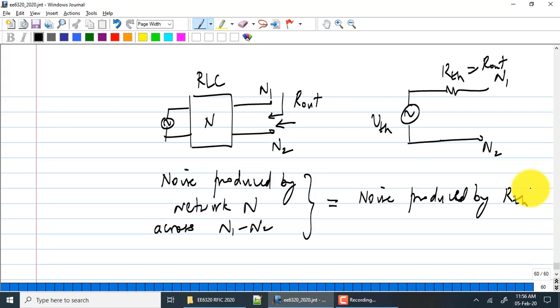It's like a transformer. It turns out that noise will also scale accordingly. You cannot get an improvement in signal to noise ratio. So if you had some parasitic resistance, let us say the gate resistance of the MOSFET, and you use the matching network to match that up to 50 ohms, guess what? That is going to look like a noisy resistor of 50 ohms.